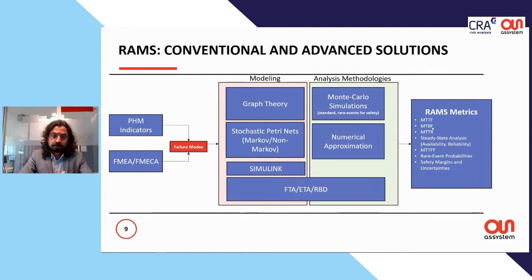Then you have rare event probabilities, which involve more of the safety aspects. Then of course you have safety margins and uncertainties when you are doing a probabilistic analysis. So this is the whole idea of RAMS, let's say. And of course, I'm not covering it in detail, so there are several parts which might be left out. Please excuse me for that.